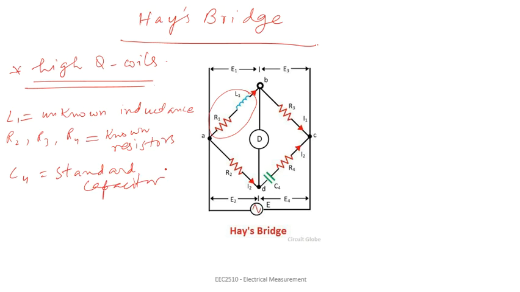Let us now try to derive the balance conditions for this circuit. Before that we can also first draw its phasor diagram. I am just drawing it alongside this figure. This I1 or I3 may be taken as the reference.